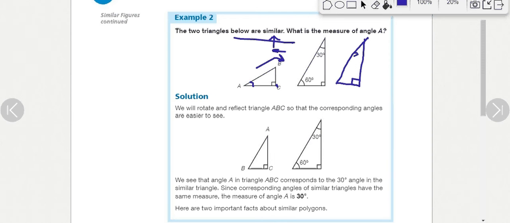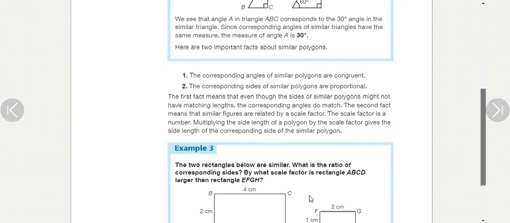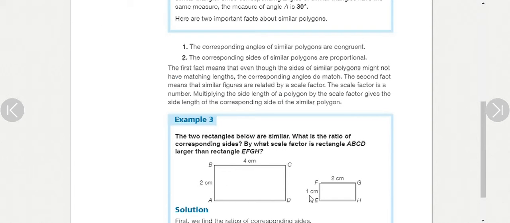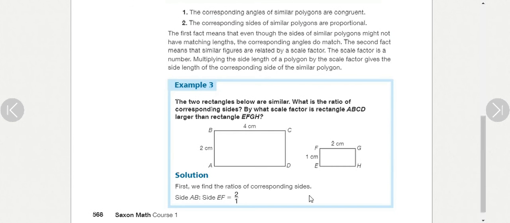That leaves me with a 30 here and a 60 here, and A matched up with this one. So A is 30 degrees. This is because of a truth about triangles: the corresponding angles of similar polygons and triangles are all congruent, even though the sides might not be exact. But then the sides are proportional.